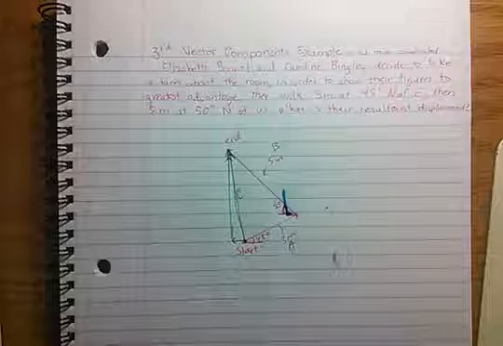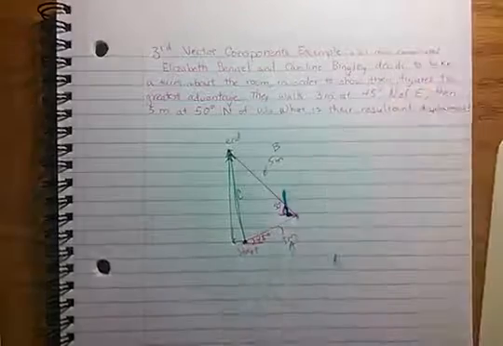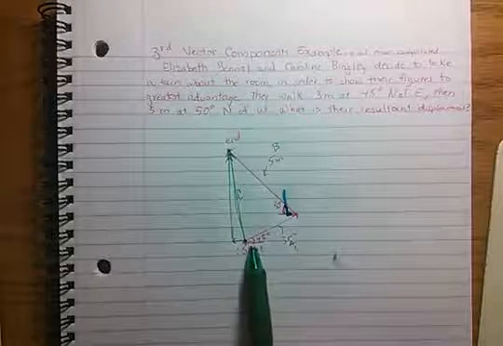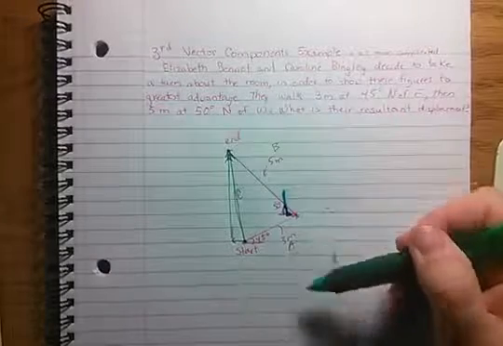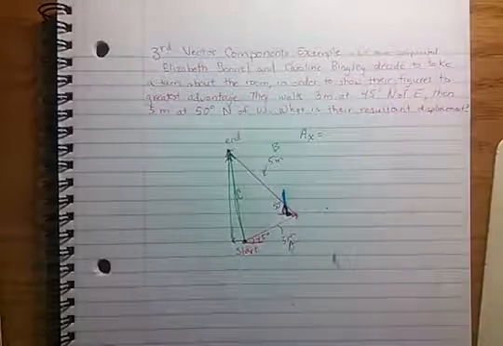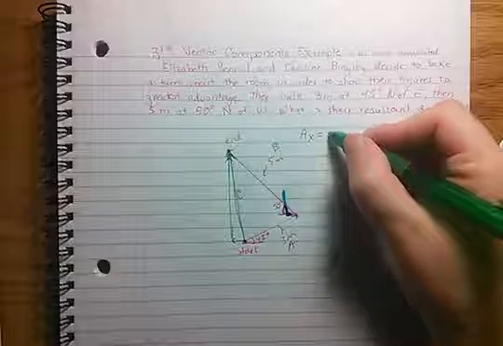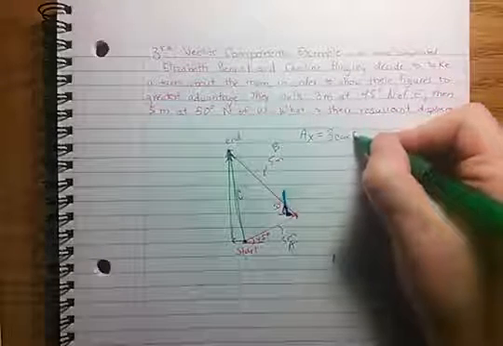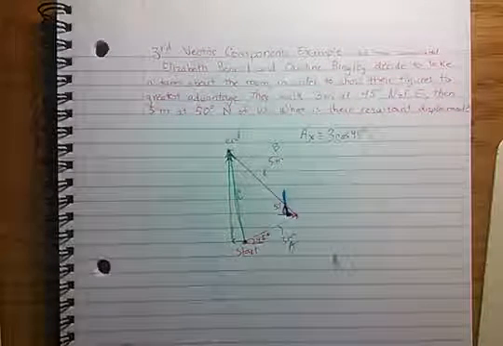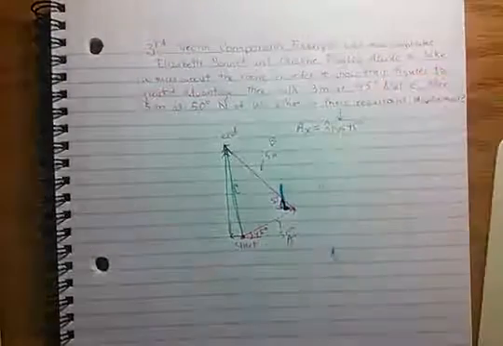And I'm sorry, I'm getting blue all over the place. All right, so vector A, does vector A have an x and y component? Yes, it does. Its x component looks like that, and its y component looks like that. So we're going to say Ax is equal to, and you should be able to figure this out by now, it should be 3 times the cosine of 45 degrees. So that is one of the main rules of components. When you're finding the x component, you use cosine.